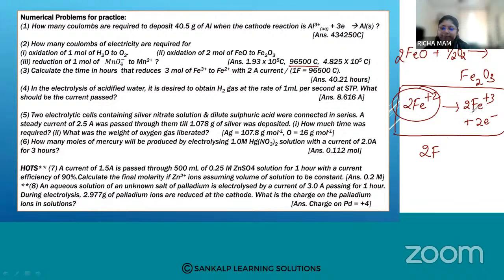For 1F you get 96,500. So 2F will give you 2 moles, where 1F is equal to 96,500 coulombs.